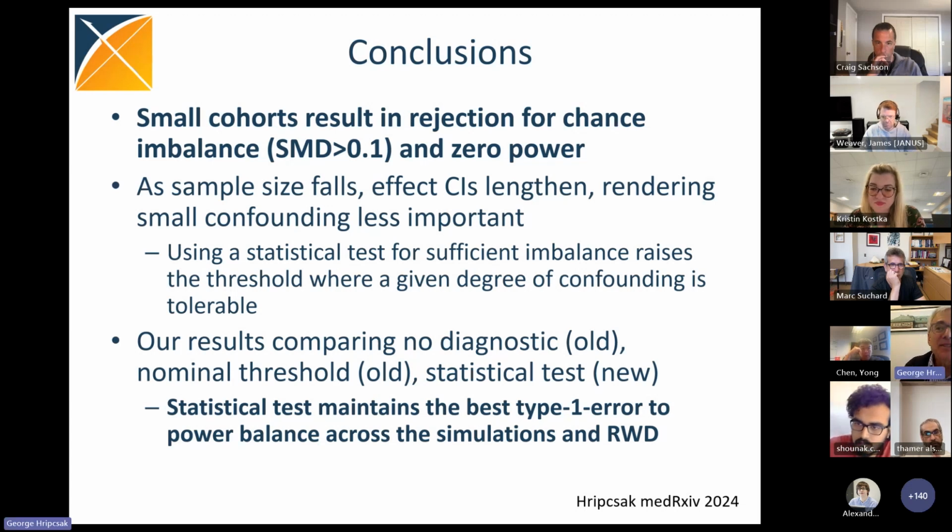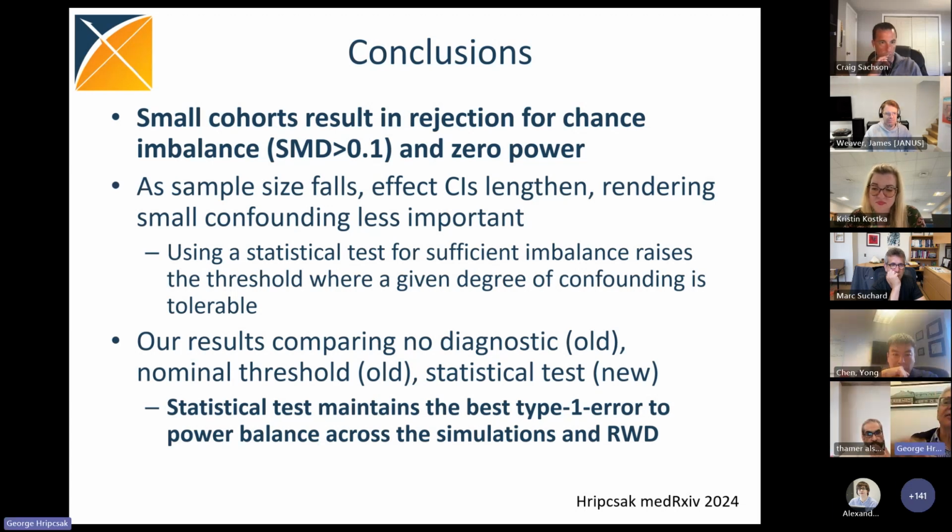As sample size falls, the confidence intervals get larger on the effect estimate, which gives us a benefit. That is, it can accept some extra confounding. So if we do this statistical test for imbalance, instead of just doing the nominal one, we actually get the best balance of type 1 error and power.